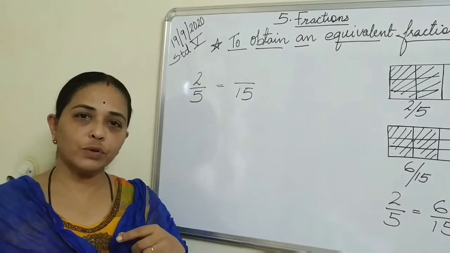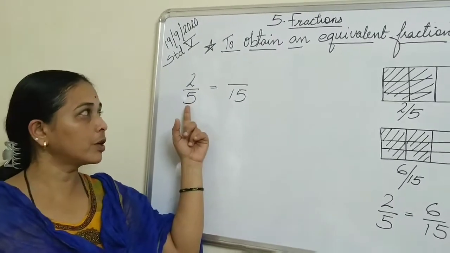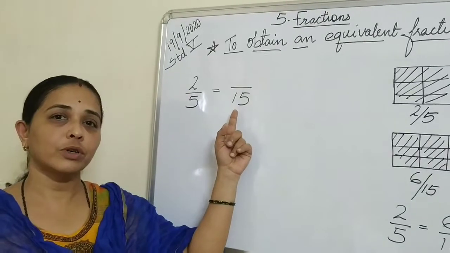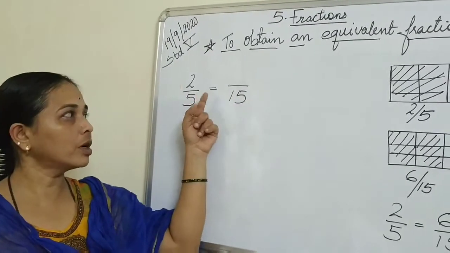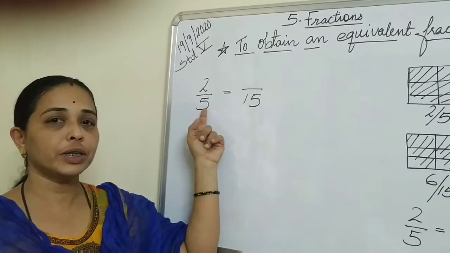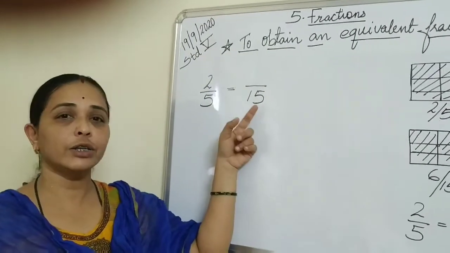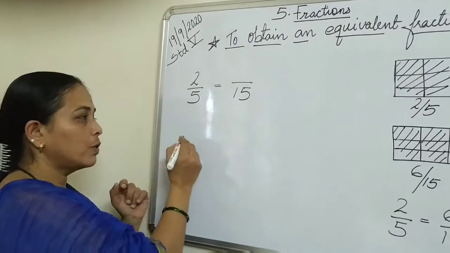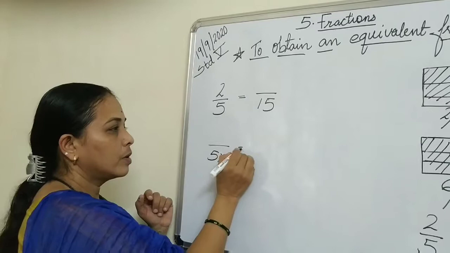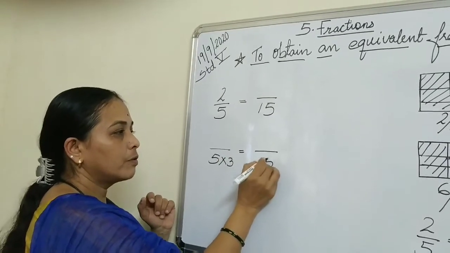How are you going to find it? You have to see 5 and 15. 5 how many times will make 15? The same number you have to multiply. You have to multiply this 5 by 3 to get 15.